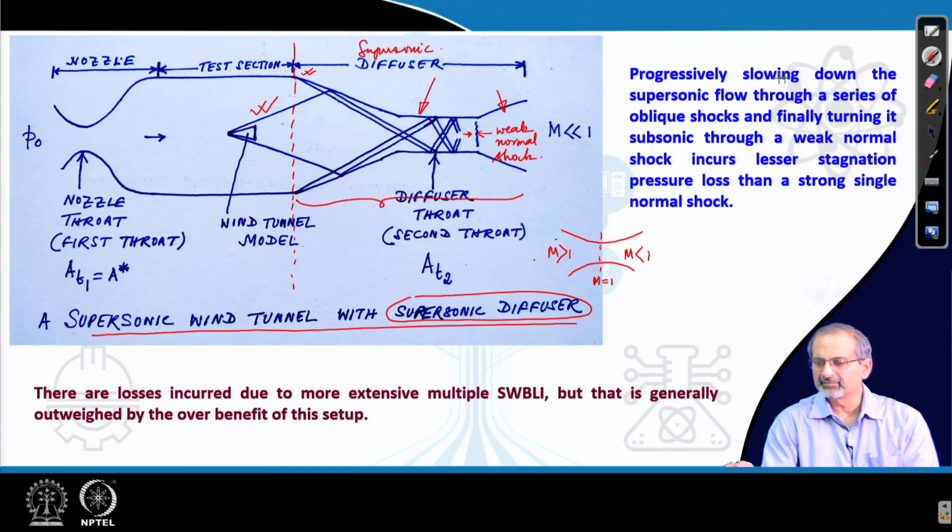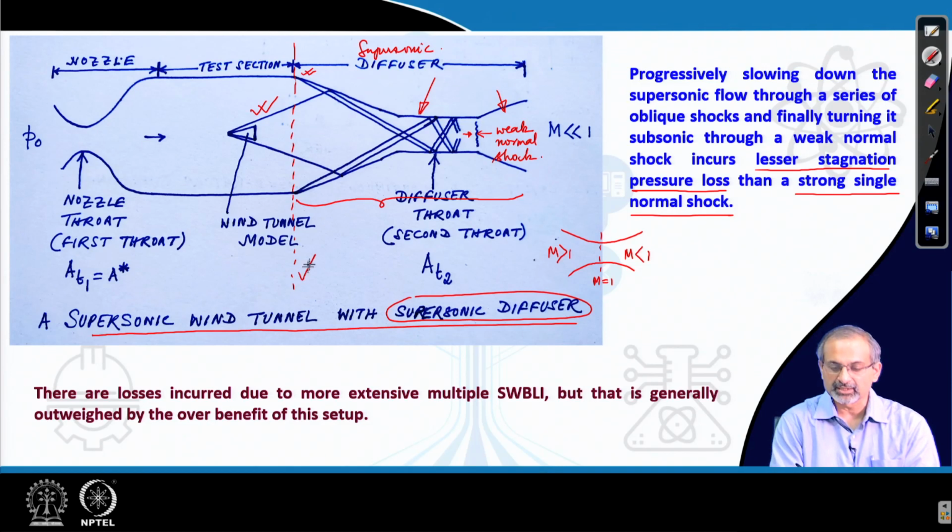Now, when you progressively slow down the supersonic flow through a series of oblique shocks and you finally turn it subsonic through a weak normal shock, you incur lesser stagnation pressure loss than the huge stagnation pressure loss that a single strong normal shock can bring, and that is why it is a better solution than the one where we added a constant area duct and had a normal shock at the end.